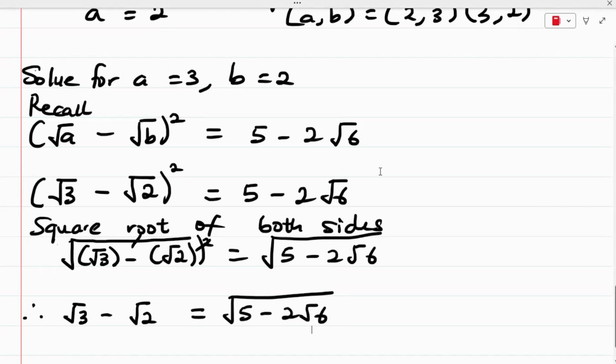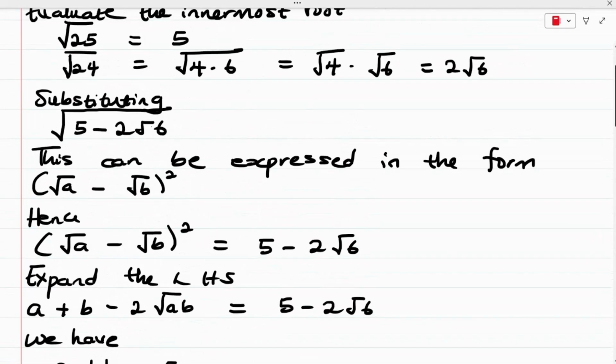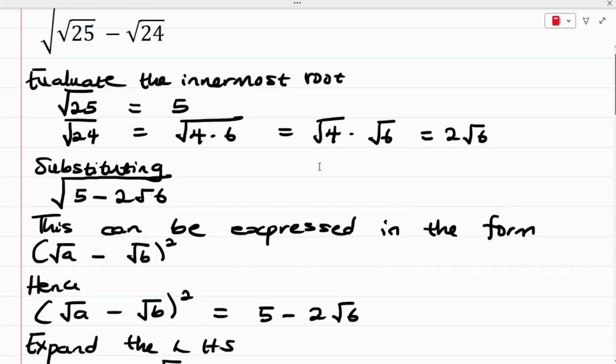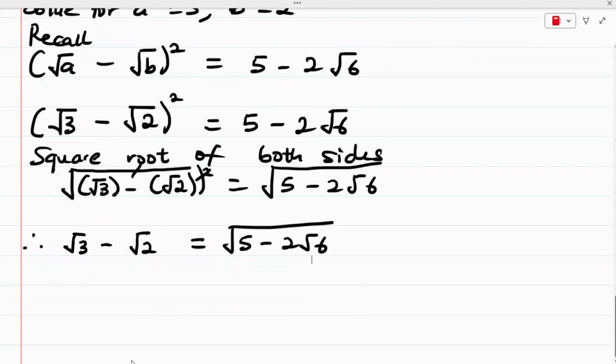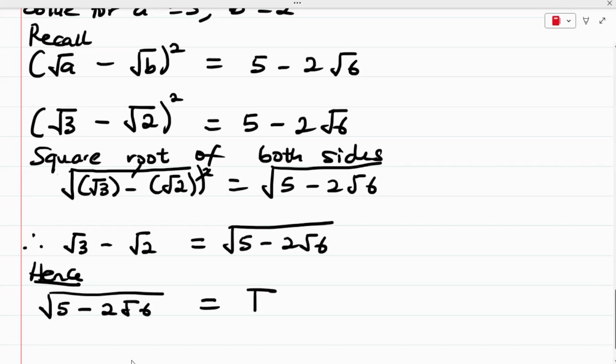And recall that after evaluating the innermost root right here, this is what we have as our answer, right? So therefore, hence, we have that the square root of 5 minus 2 root 6 is equal to the square root of 3 minus the square root of 2, and this becomes the final answer.